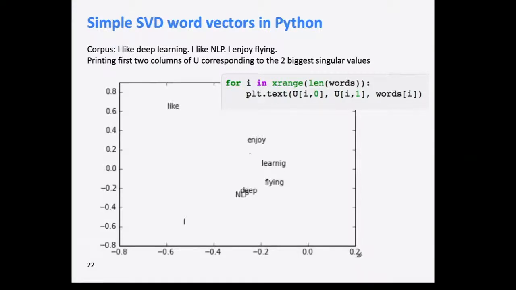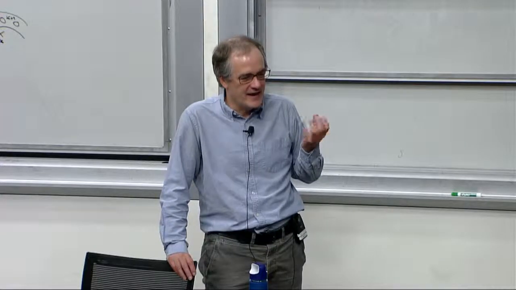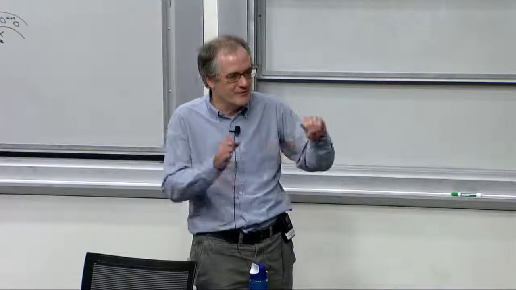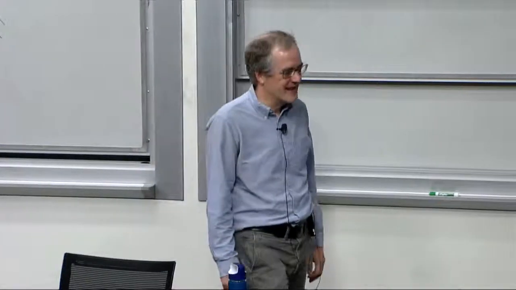But this technique was popularized around the turn of the millennium. It generally went for word applications under the name of latent semantic analysis or latent semantic indexing, and the idea was that you could have these semantic directions that you were finding in this low-dimensional space that had meaning.